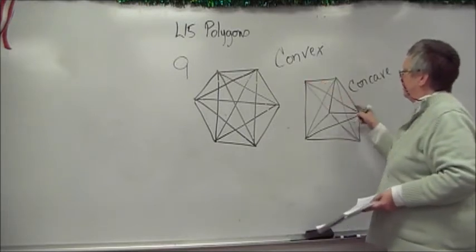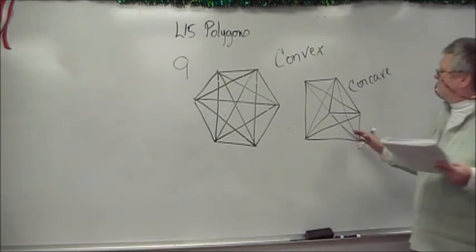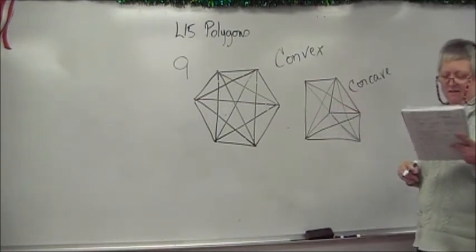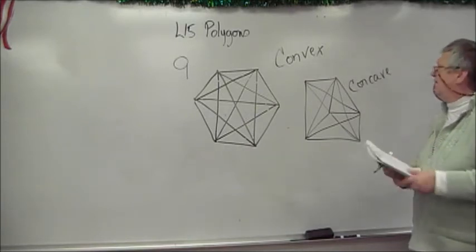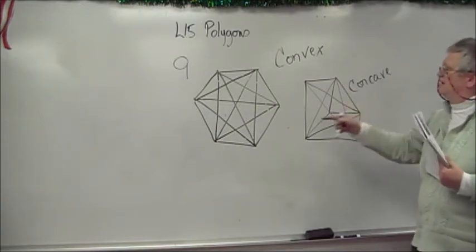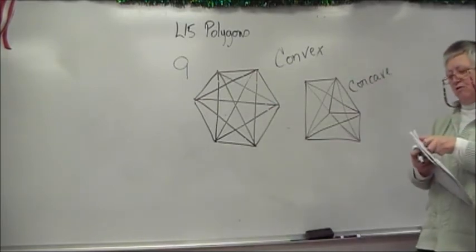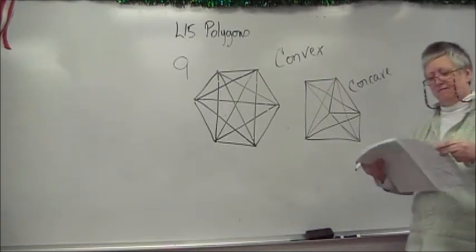And this one's outside. So some of the diagonals are within the shape and some are crossing outside. So a concave then has a pushed in part on it. Convex, they're all going around, getting closer to a circle. Let me change my page here.